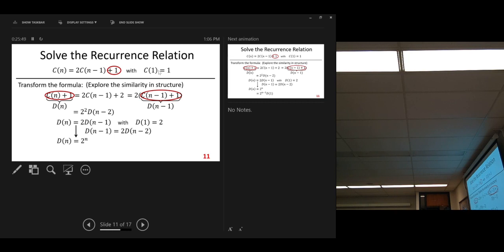Can you finally reduce to this number? 2 to the n minus 1 times d of 1. If you cannot see, let me give you one way to see it, because we will do this kind of thing many, many times in this class. So I want to give you one way to get it.